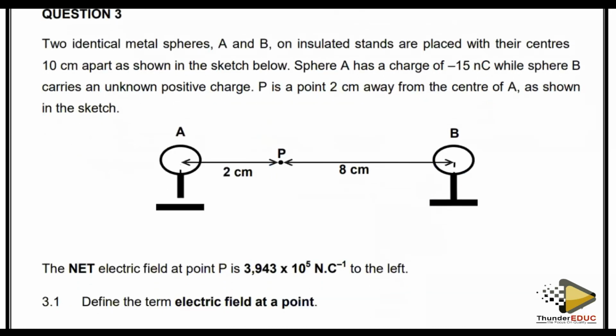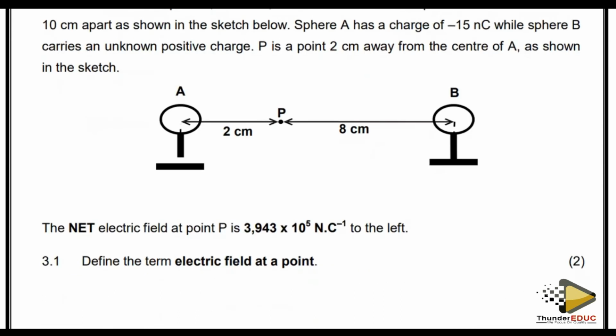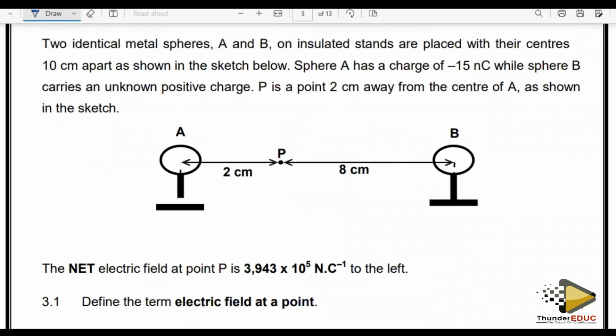Okay, question number 3. Two identical spheres again, A and B, insulated and on stands, are placed with centers 10 meters apart, as shown in the sketch. The charge on A is negative 10 nanocoulomb, and then B carries some charge that we don't know.